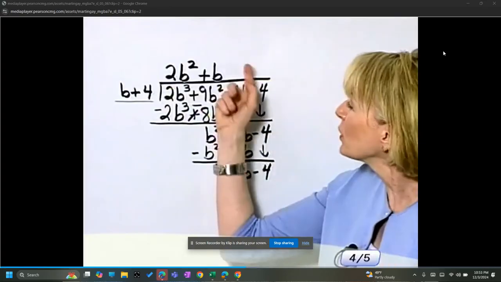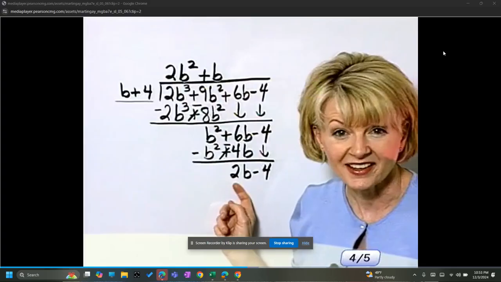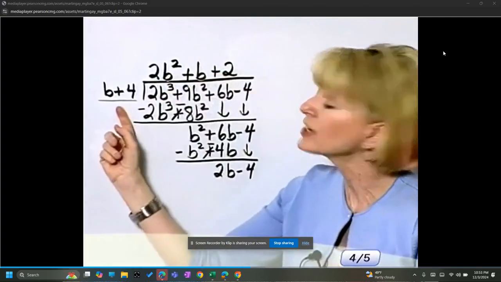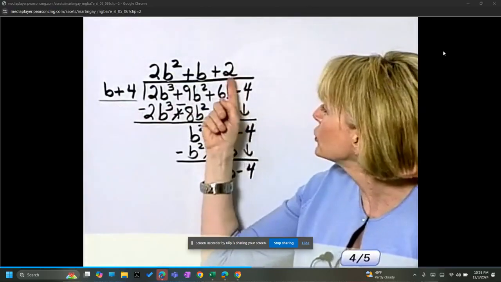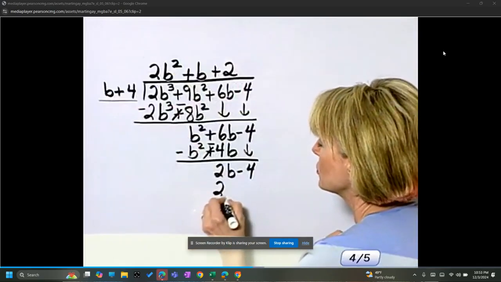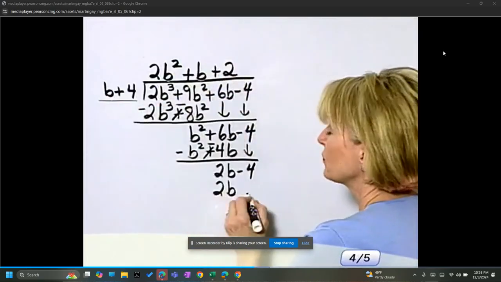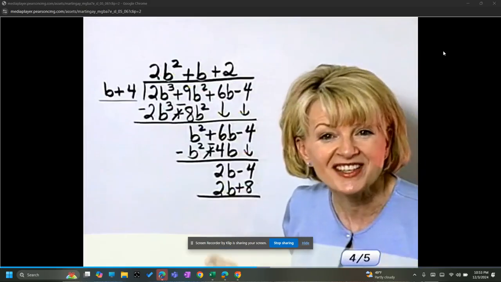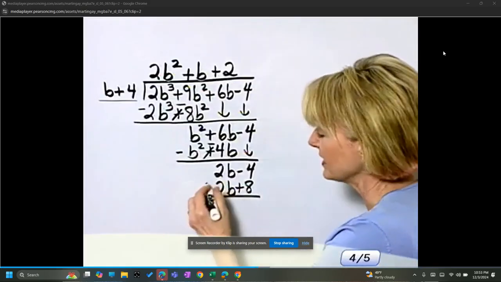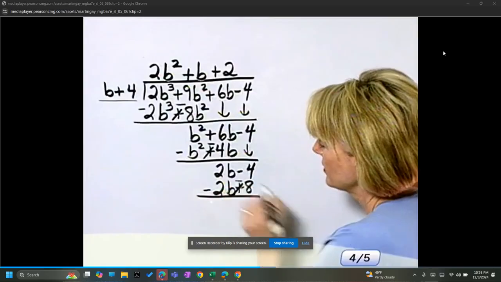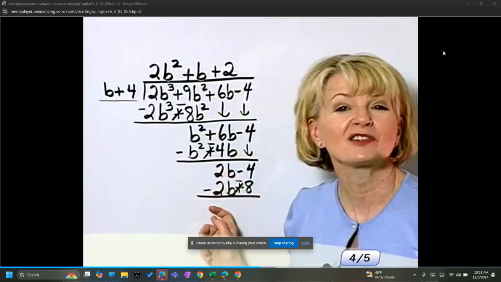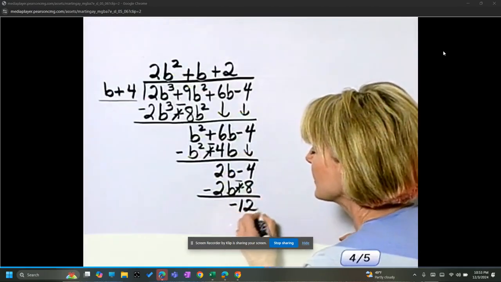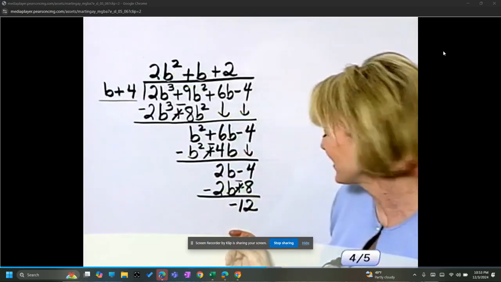So let's keep going. What times b is 2b? That is 2. Now I'm multiplying 2 times this binomial. 2 times b is 2b. 2 times 4, that's plus 8. Still, do not forget to change those signs. We are subtracting now. Make that a minus and that a minus. 2b minus 2b is 0. Negative 4 minus 8, that is negative 12. I have a remainder this time.